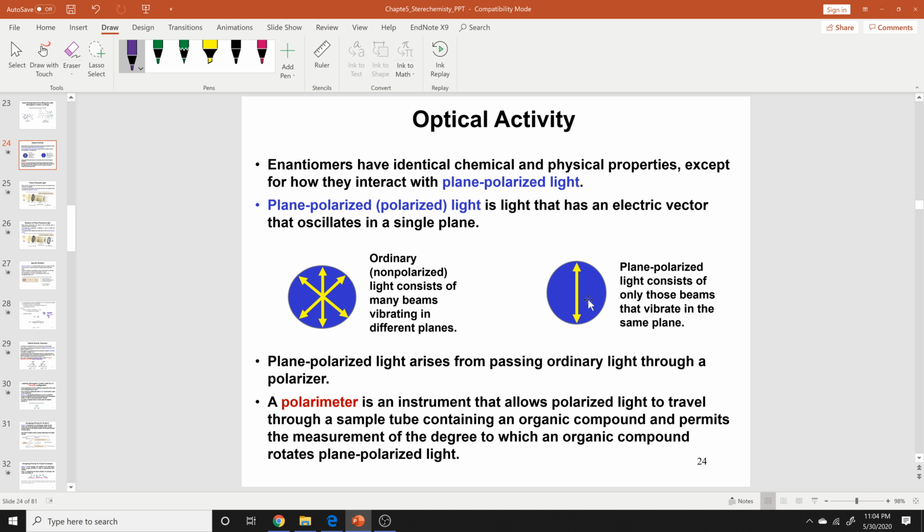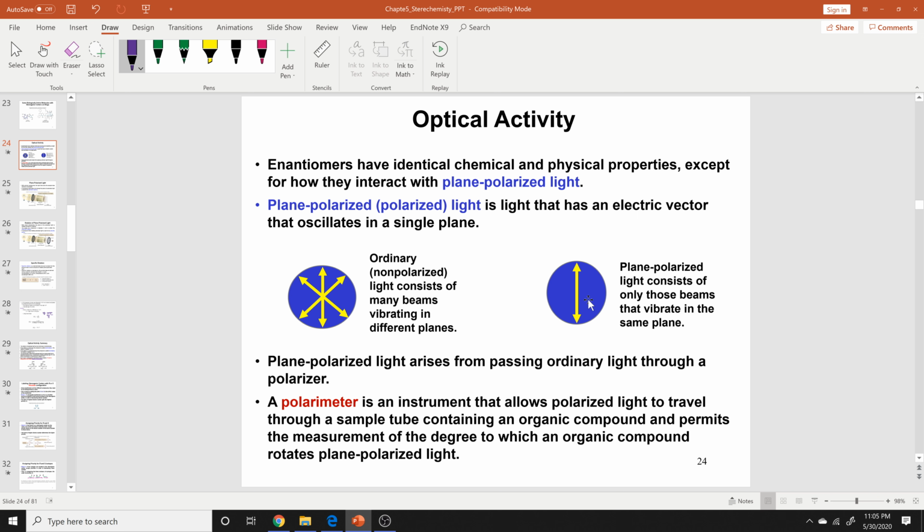So we're going to give the term optical activity an explanation, which is basically a definition for the molecule being able to rotate the plane of polarized light. When I say that the molecule is optically active, I mean that it's a chiral molecule that has a mirror image.